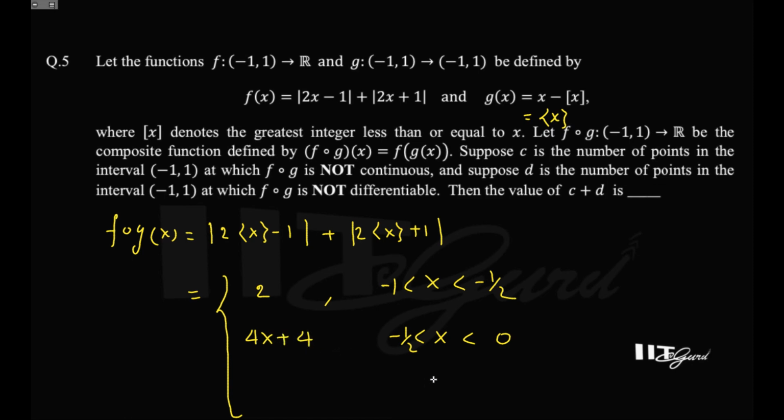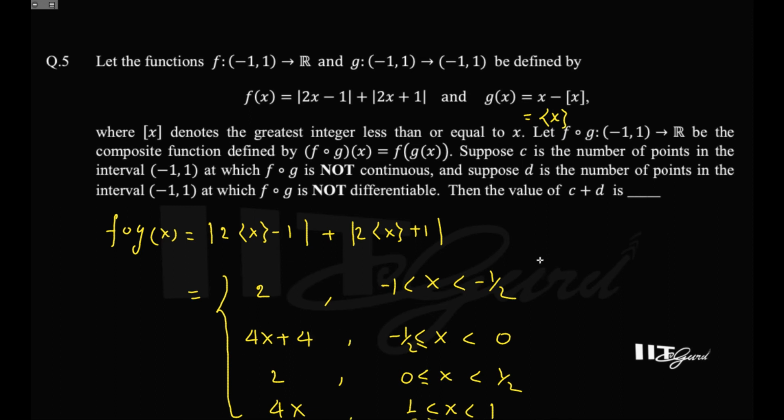And for x greater or equal to 0 and less than 1 by 2, it will be 2. And for x greater or equal to 1 by 2 and less than 1, this is 4x. So these are the points where the function changes its definition.